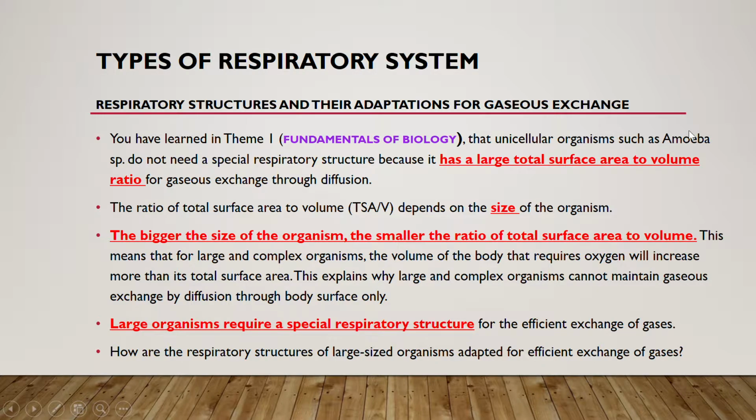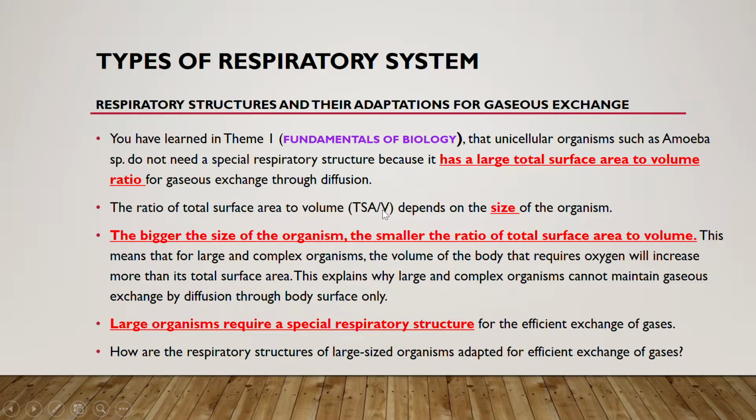We know that this organism consists of only one cell, and therefore it does not need a special respiratory structure because it has a large total surface area to volume ratio for gaseous exchange through simple diffusion.